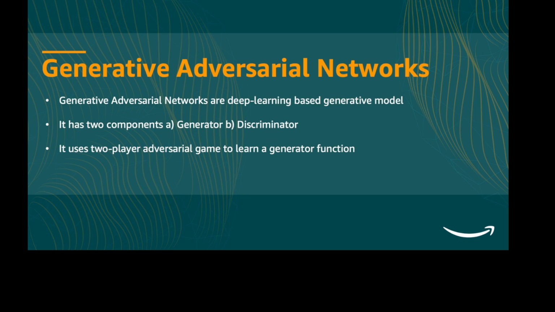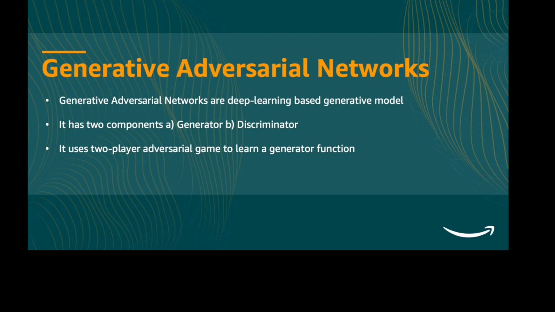GANs don't do it that way. They implicitly try to model the input data distribution. In a GAN we have a generator network in which the input is some random noise and the output is a sample, which can be thought of as a sample generated from the actual input data distribution.